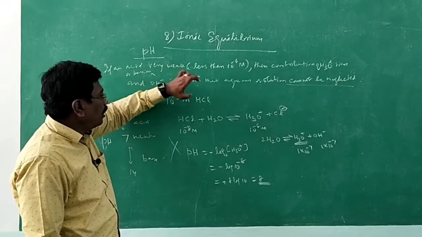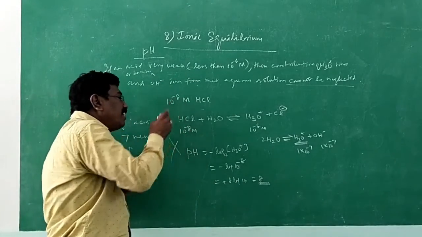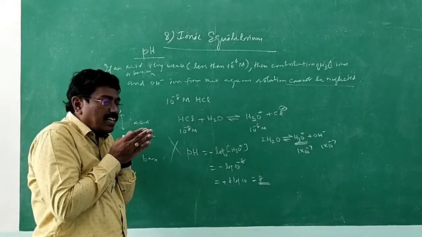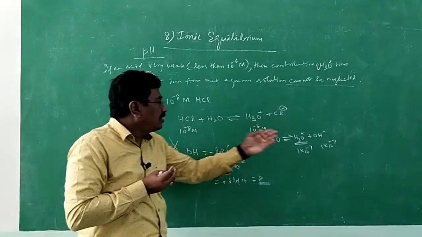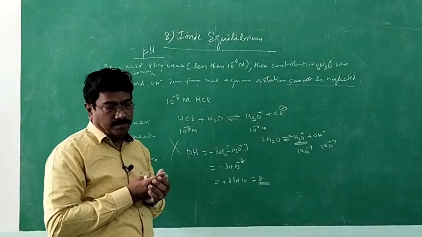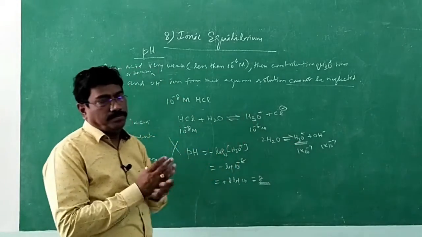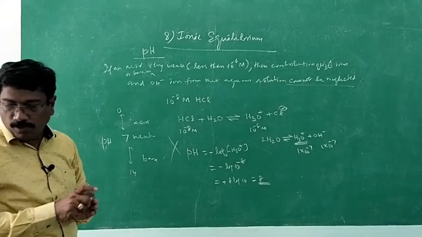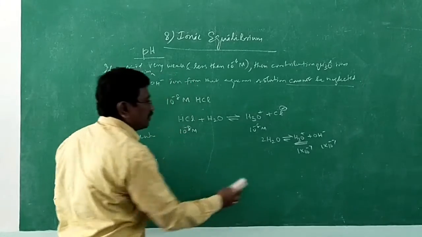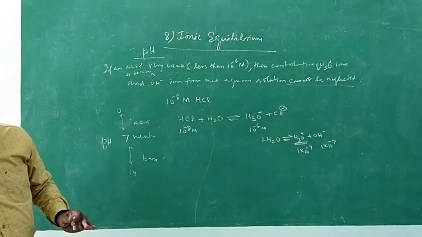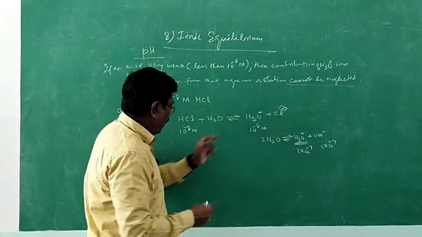When the hydrochloric acid solution becomes very weak, the concentration of hydrogen ions is very much less. When compared to this, it becomes less. And therefore, that contribution we cannot neglect. In our calculation, we have to add the concentration of hydrogen ions available from hydrochloric acid.